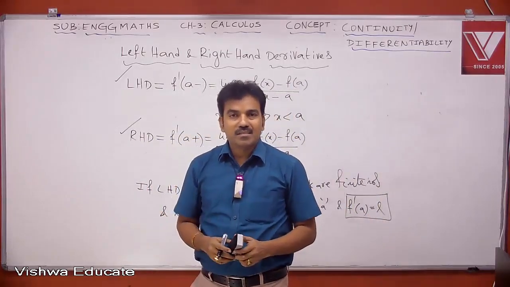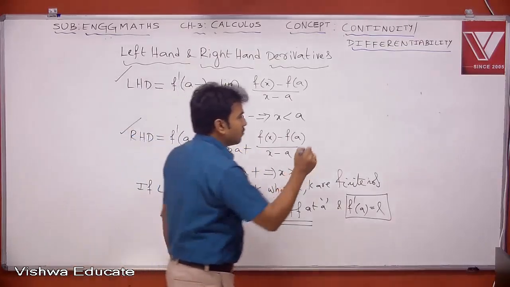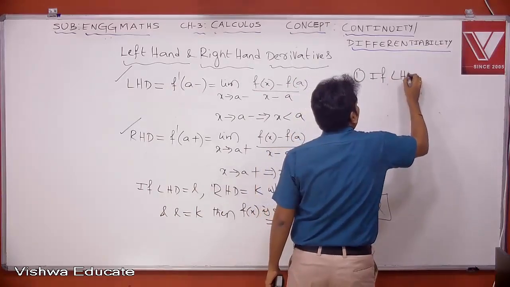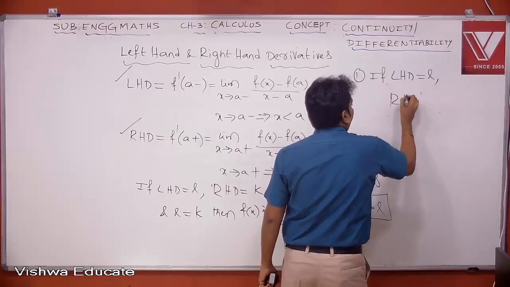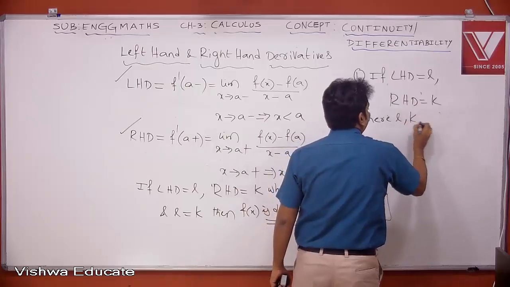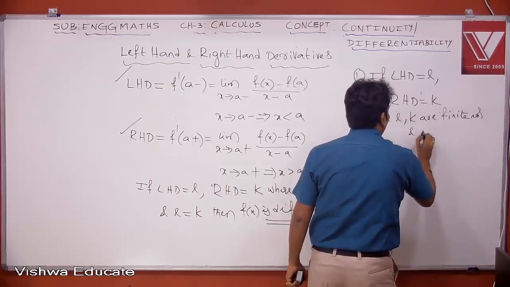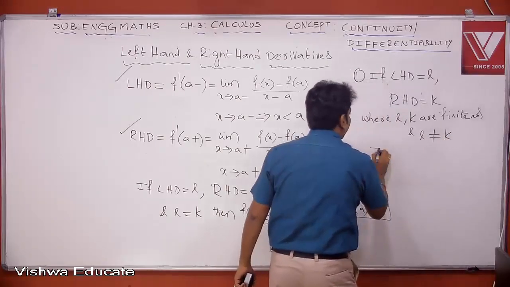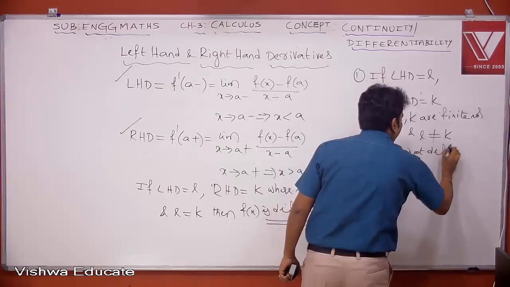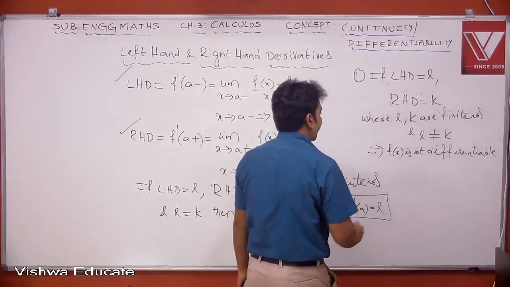Now we discuss two important cases where a function has no derivative at a point. One case is this. Suppose LHD equal to L, RHD equal to K, where L, K are finite numbers, and L not equal to K. That implies f of x is not differentiable. This is one possible case.